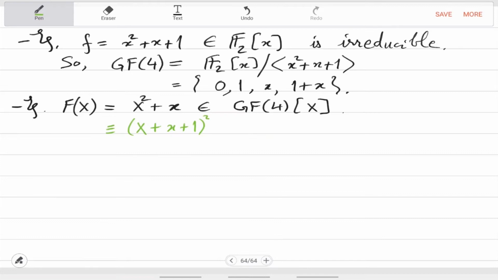Okay, so towards that, let us now repeat some of the properties that you have seen in the homework. All those things will now be used. So you have seen that this field FQ minus 0, we call it FQ star.